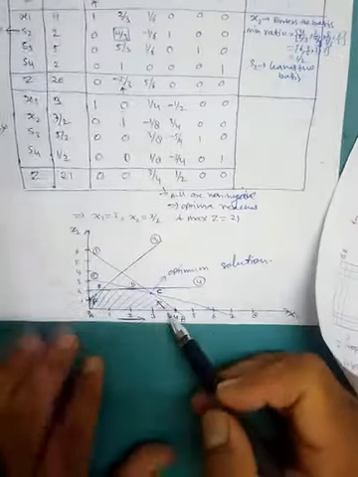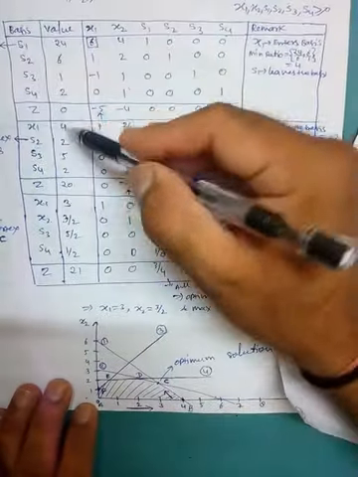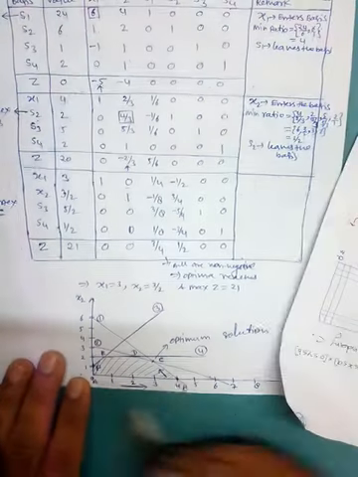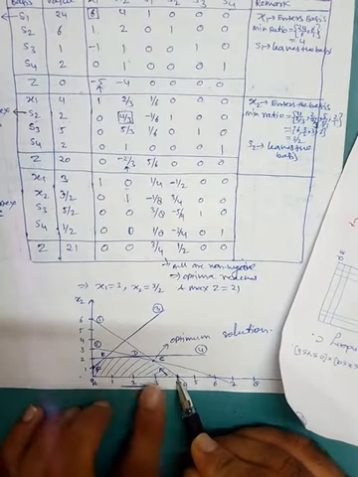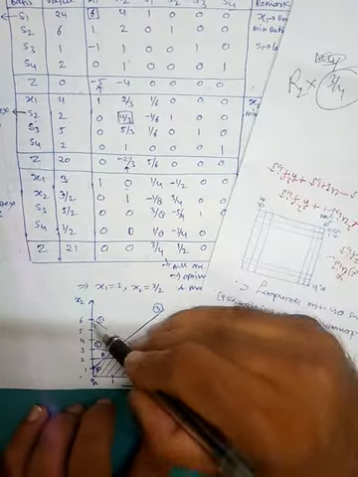In this table, initially we are at 0. After one iteration, here x1 is 4. So we reached this point, and now we are moving in this direction.